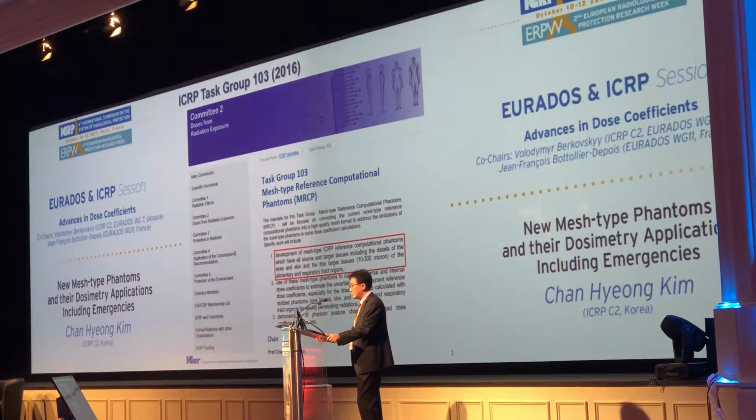The objective of this task group 103 is to develop mesh type ICRP reference computational phantoms which have all the source and target tissues, including the details of the eyes and skin, and also including the detailed thin target tissues of the alimentary and respiratory organs. And we are now talking about very thin layers, those are 10 microns to 300 microns.